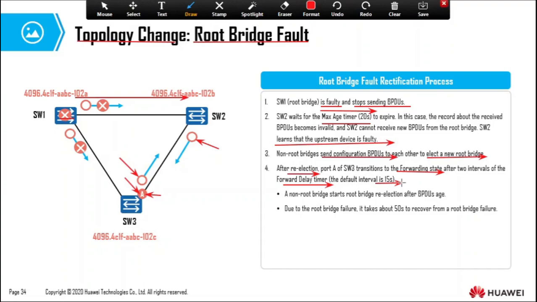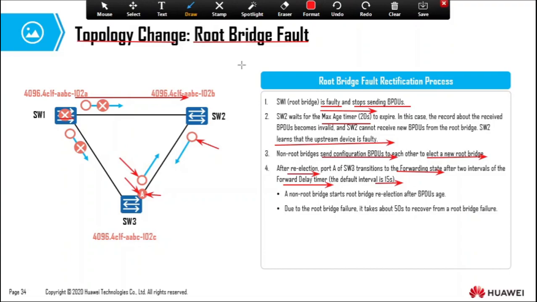Then to change the alternate port from blocking state to forwarding state, again it takes how many seconds? 30 seconds. So normally, when the root bridge fails, the STP network will take a maximum of 50 seconds to recover.